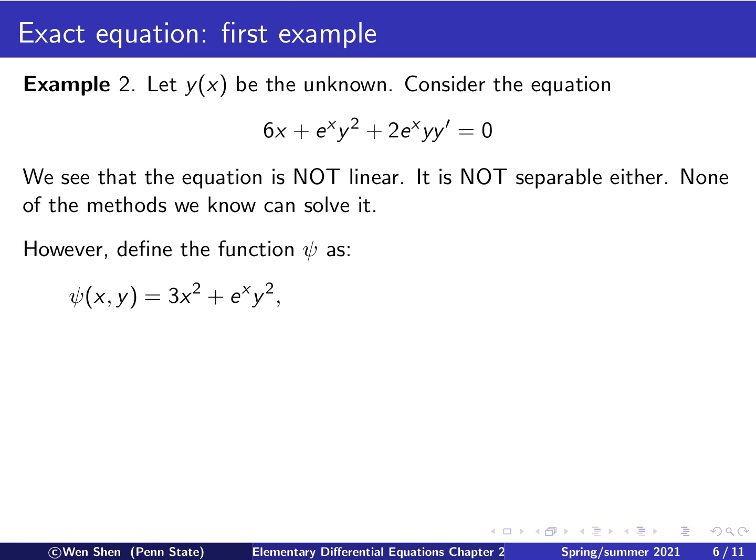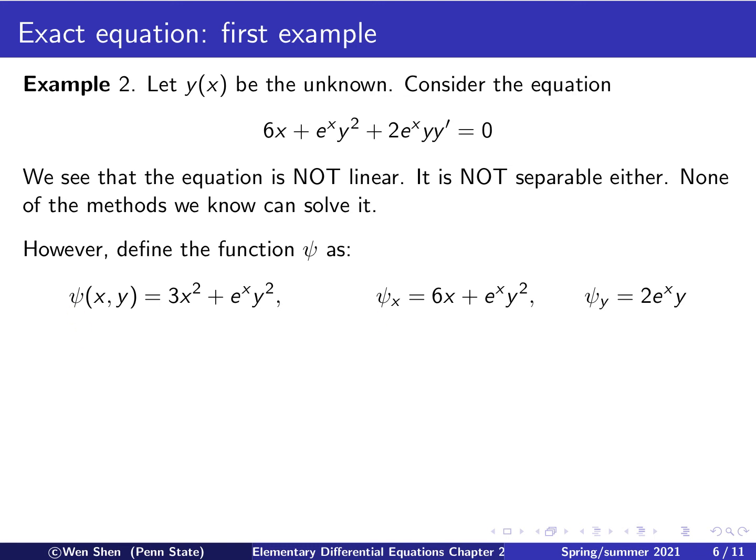However, there is a magic function. Let's define the function psi, depending on x and y, a function of two variables. And we define it to be 3x squared plus e to the x y squared. Why, well, this will come later. We'll just say this function is important for this problem, and you will see why. Then let's compute the partial derivatives.